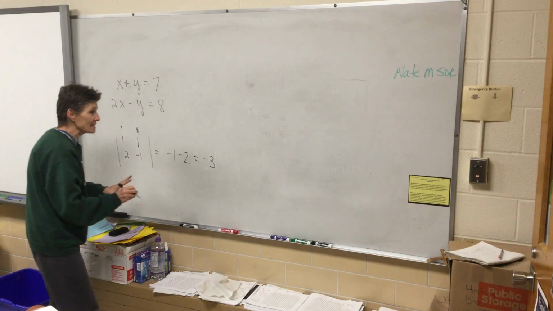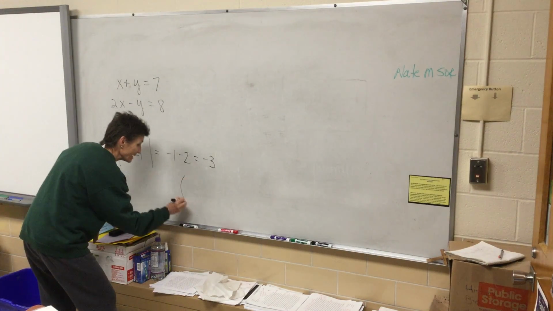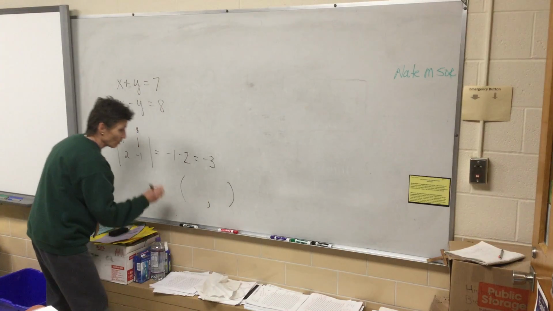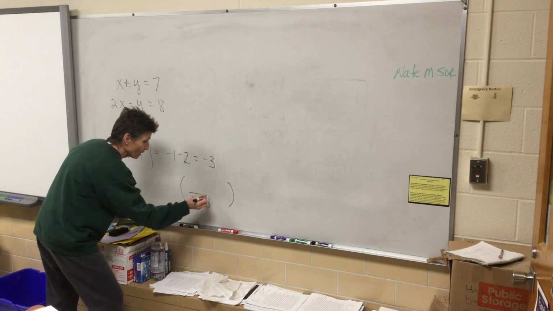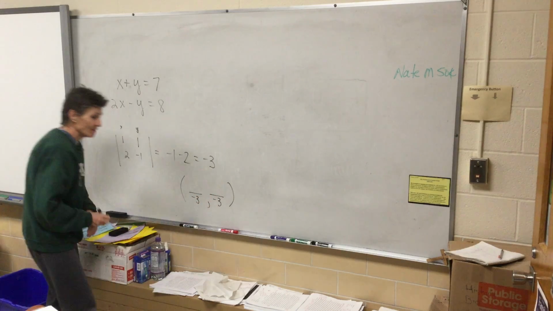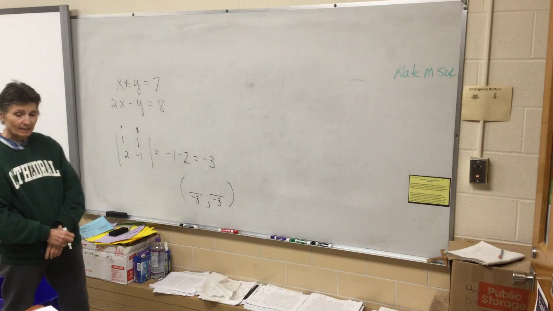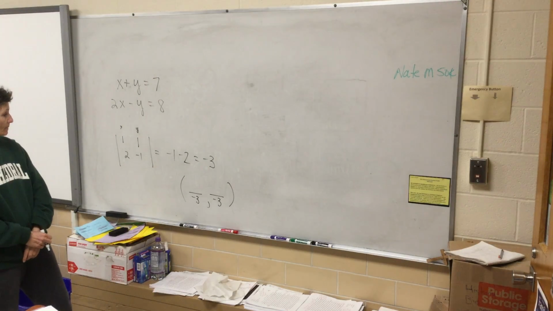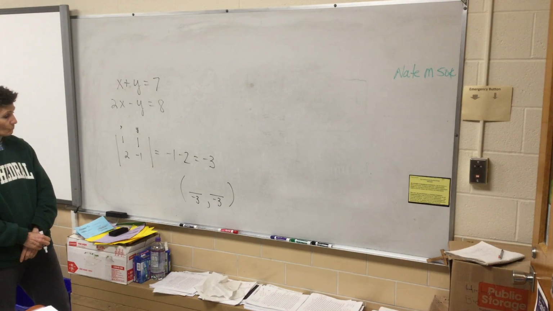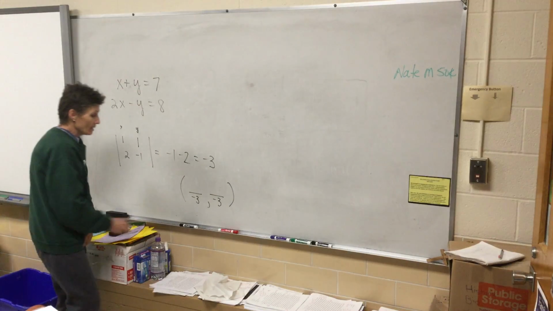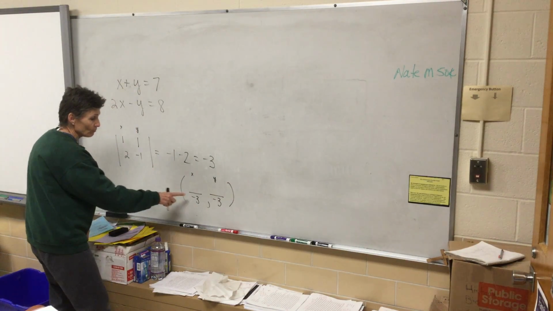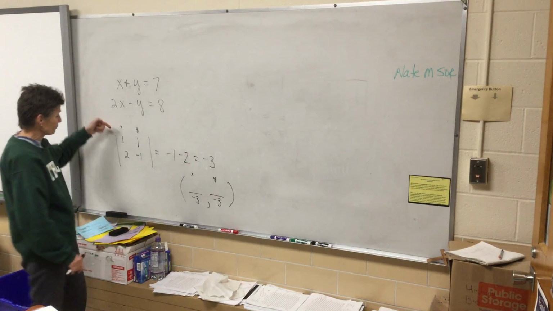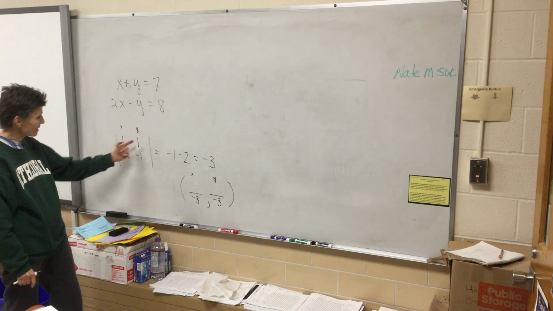Now that means that my final answer, my ordered pair, my x and my y, are both going to be fractions, and their denominator is negative 3. This is going to be my x, and this is going to be my y, and they're both fractions over negative 3. Down minus up.